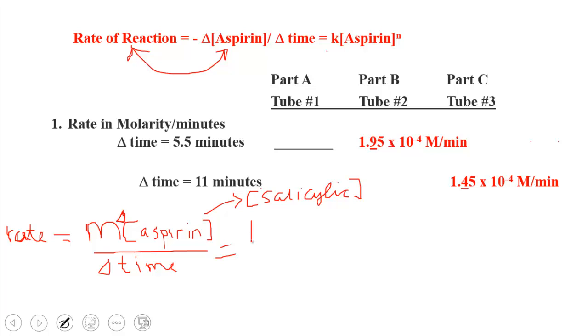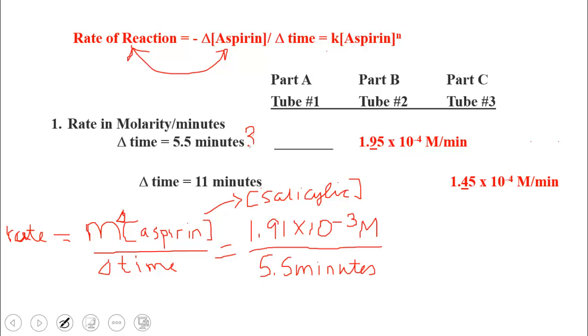So from the concentration of the salicylic acid that we found from the spec 20, this is the change in the concentration of the aspirin, because that is the amount of salicylic acid that we produced, divided by our 5.5 minutes. And so we will have molarity per minute.